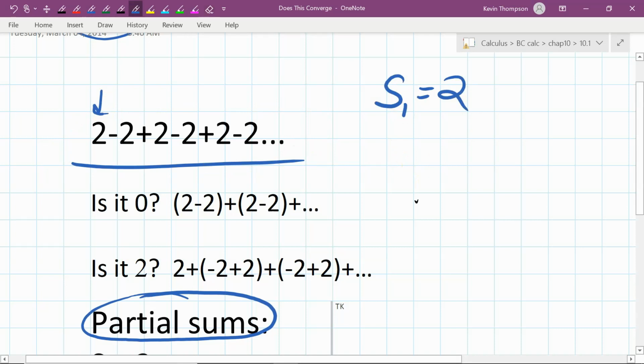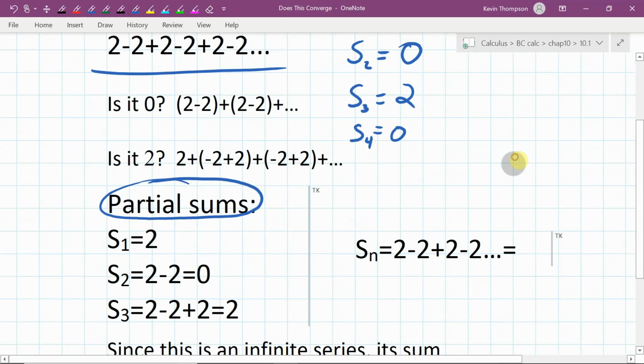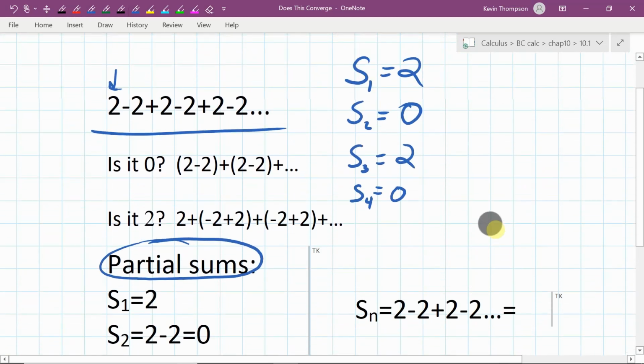Now, let's find S sub 2. So S sub 2 is 0. What's S sub 3? It's 2. What's S sub 4? 0, and so on. So my partial sums are that.